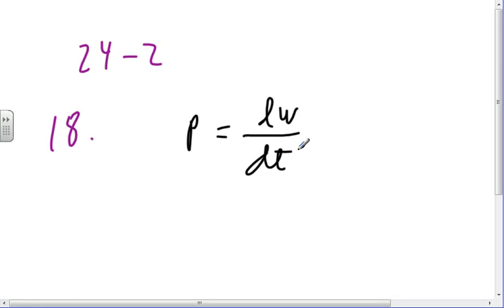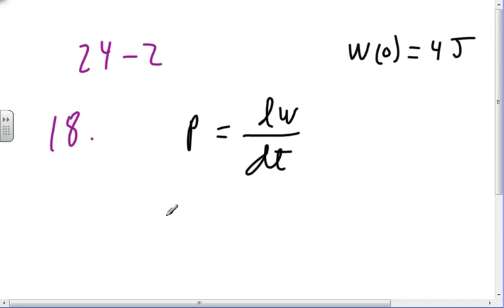Okay, so W at 0 is 4 joules. Find the energy after 4 seconds if power is 2 the square root of t watts.